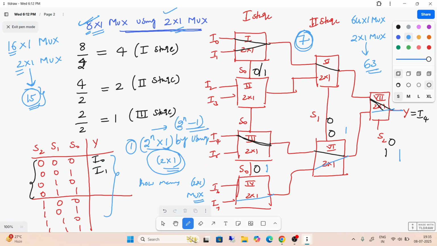Understood? Suppose I want to implement 256x1 MUX by using 2x1 MUX, how many 2x1 MUXes are required? 255. So this is the general formula, 2 power n minus 1, and they will ask this in the interview.